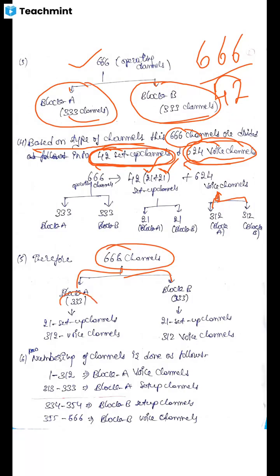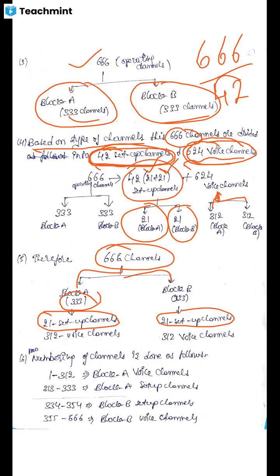In block A, 21 are given for setup channels and in block B, 21 are given for setup channels, that is 42 setup channels in total. And of the remaining 624 voice channels, 312 are given for block A and 312 are given for block B. This is how I divided the 666 channels into block A and block B containing 333 channels each.